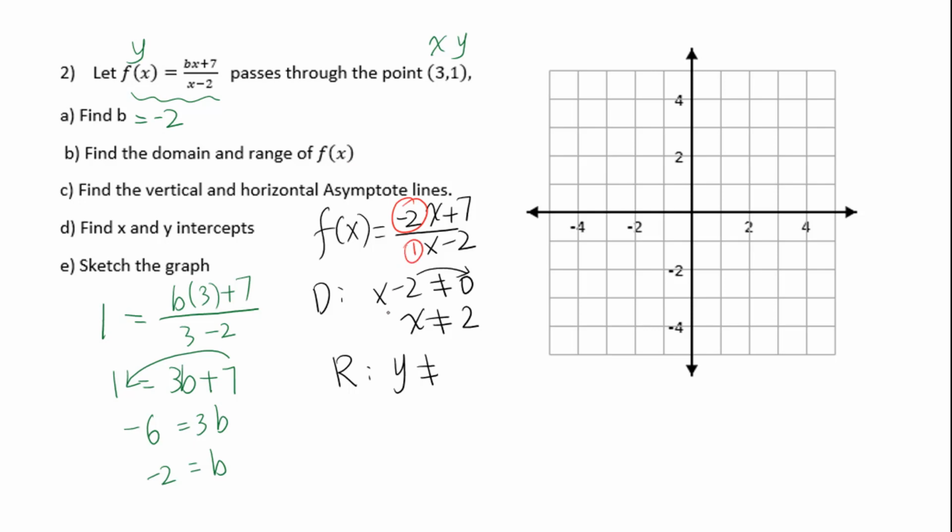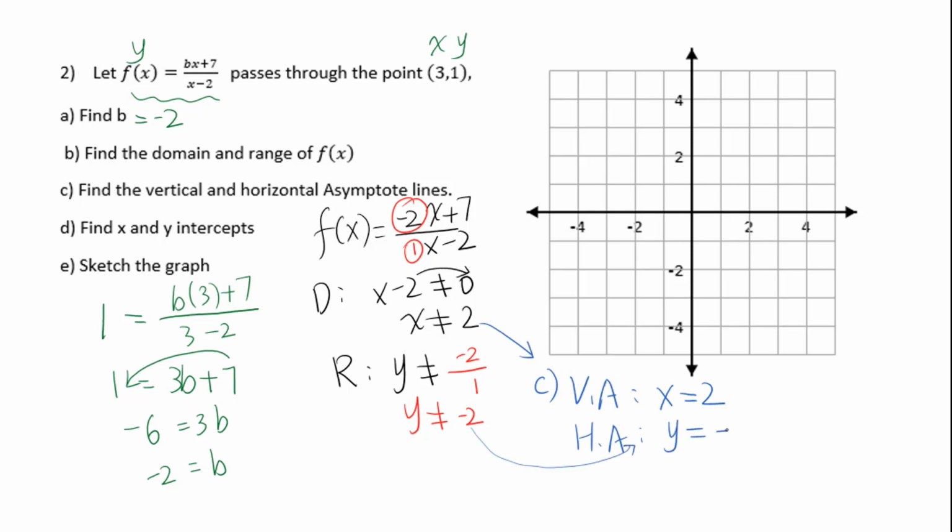This is 1. So negative 2 over 1. y is not equal to negative 2. Look at C. Find the vertical and horizontal asymptote lines. The vertical asymptote line we get from this domain: x equals 2. The horizontal asymptote line we get from this range: y equals negative 2.